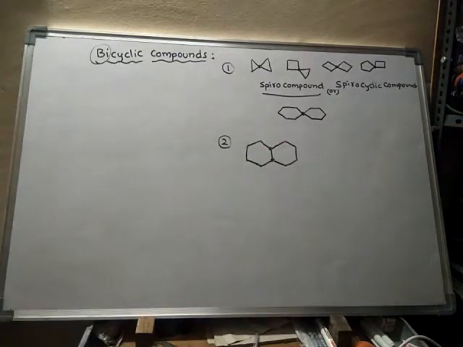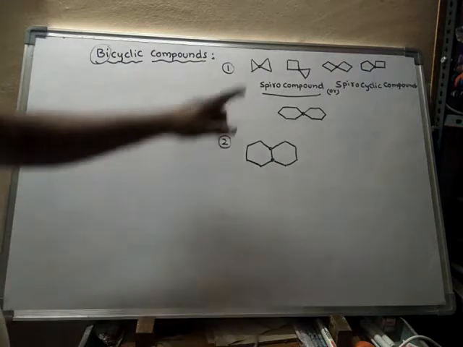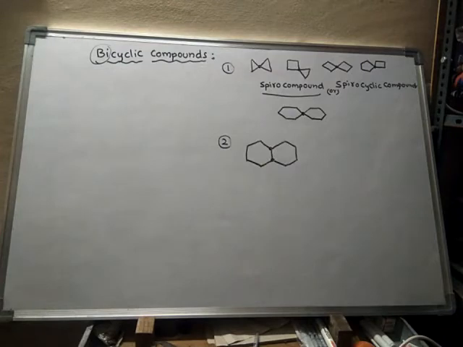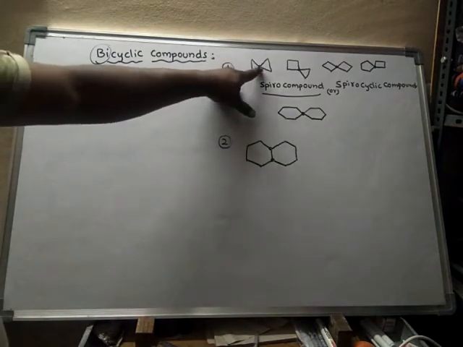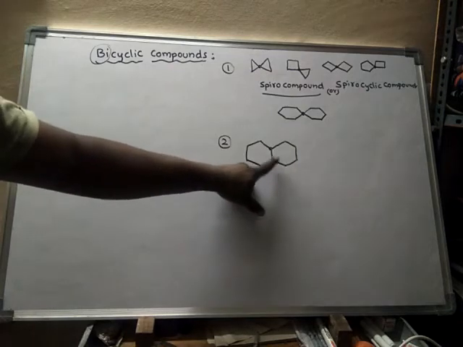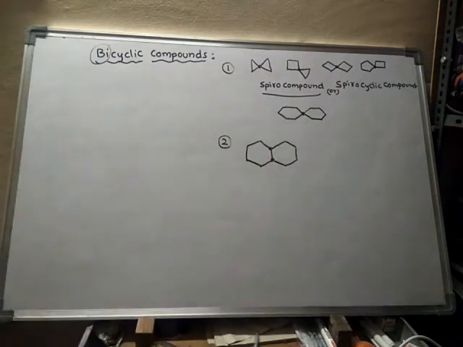That means these two rings are fused, fused by sharing two carbon atoms. Here these two rings are fused by sharing only one carbon atom, whereas in this case two carbon atoms are shared by two rings.